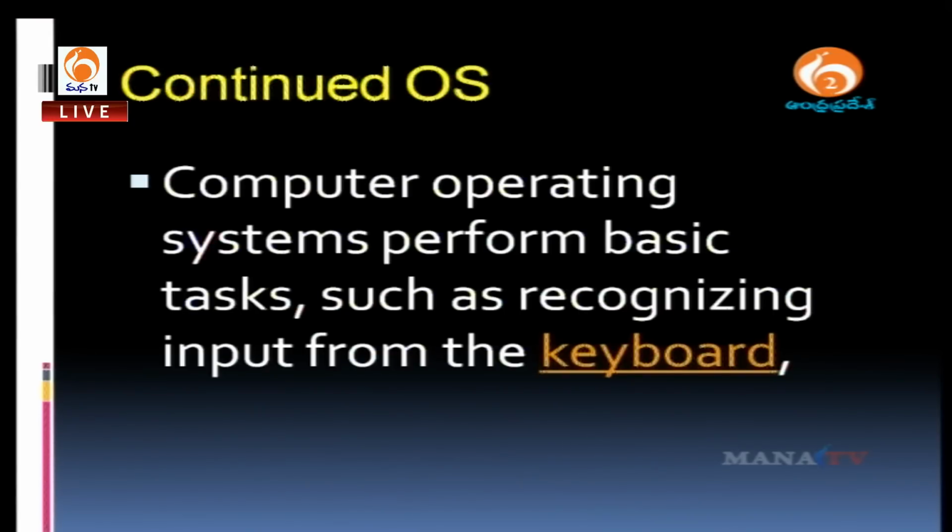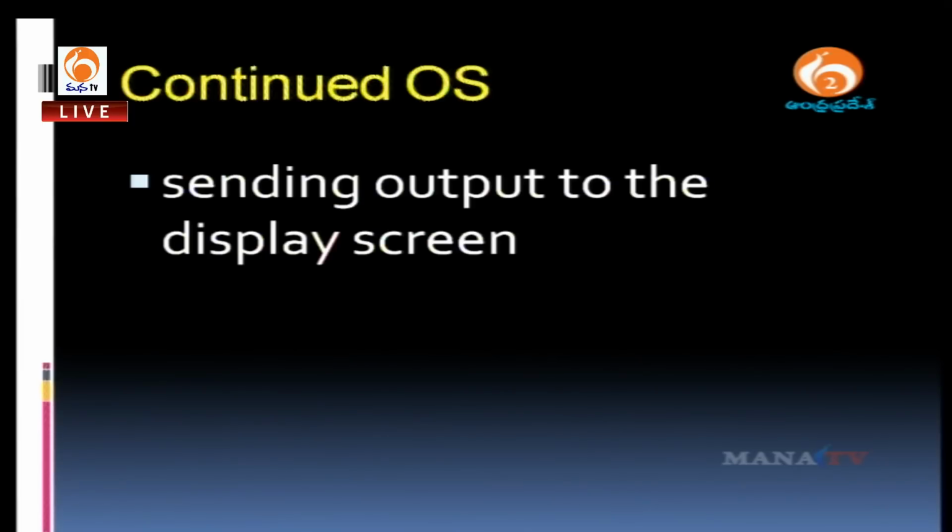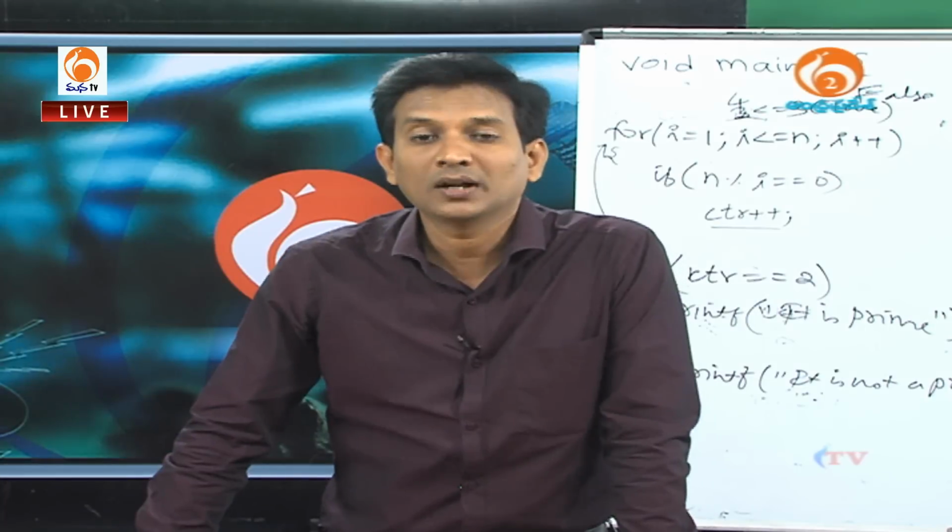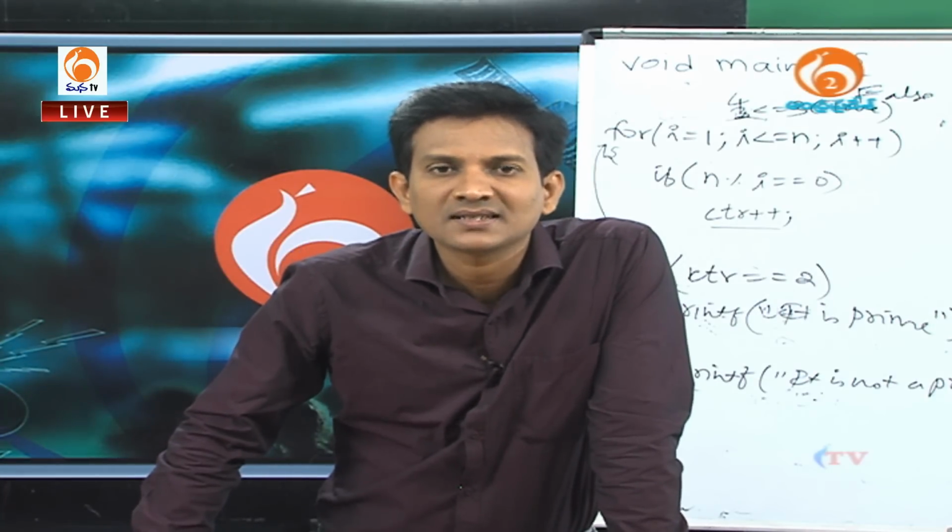An operating system performs basic tasks like recognizing the input from the keyboard and sending output to the display screen like a monitor. This is also the responsibility of the operating system.